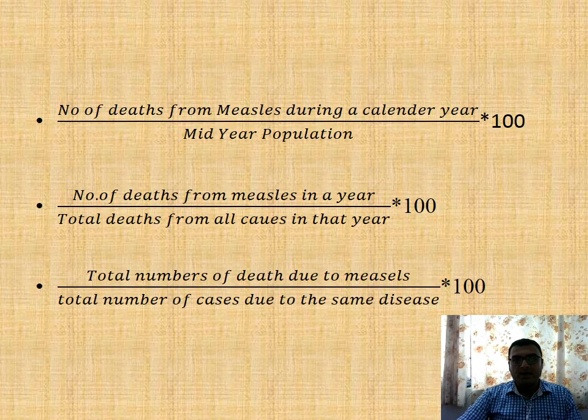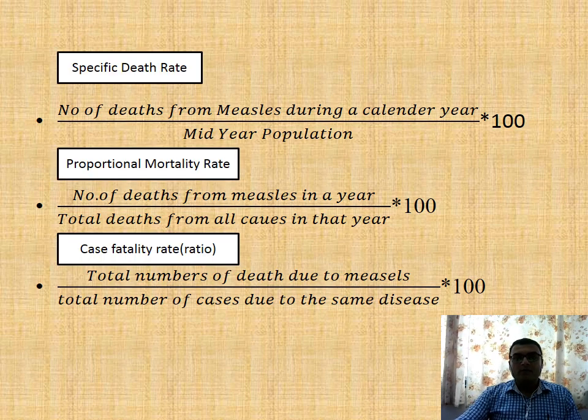So let's again revise the difference between crude death rate, proportional death rate, specific death rate and the case fatality rate. Always remember, when we want to calculate the specific death rate, on the denominator we have to take the mid-year population. When we want to calculate the proportional mortality rate, on the denominator we have to take the total deaths from all causes in that year.